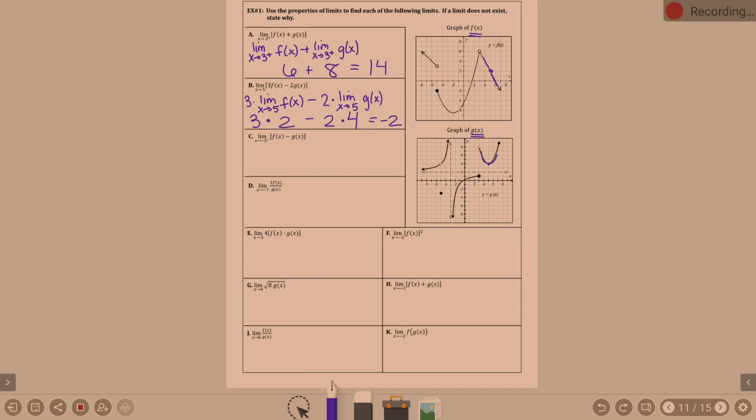C, I feel like they should have given us this one before the last one, but it's two limits being subtracted, yes? So officially you can think the limit as x approaches negative 5 from the left of f of x minus the limit as x approaches negative 5 from the right of g of x.